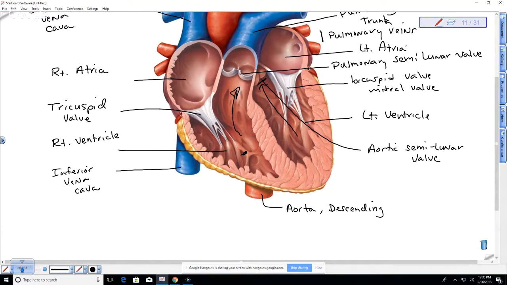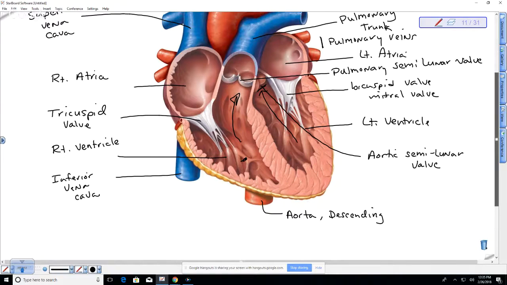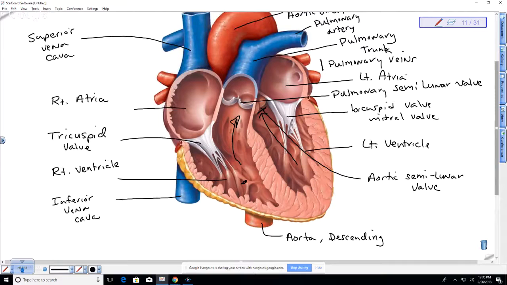So if you look at this heart, it is also asymmetric in that one of the ventricles has a thicker layer of muscle. So we'll say that this is the thicker layer. Why do you think there is a thicker layer of muscle on the left side versus the right side? Right. So it is having to pump against greater pressure.